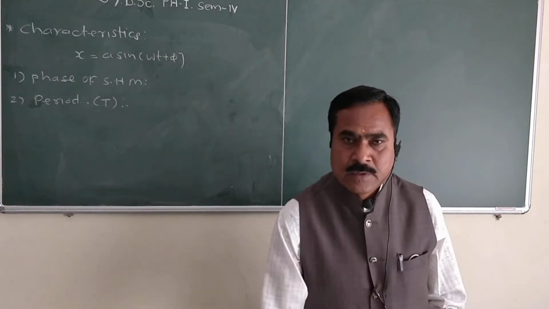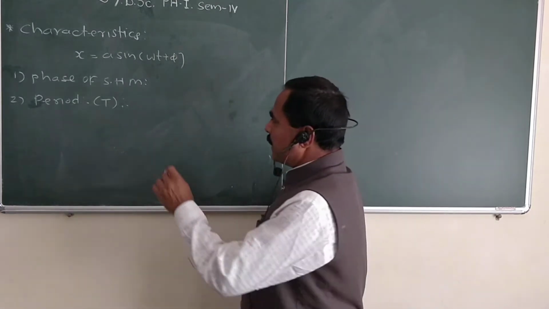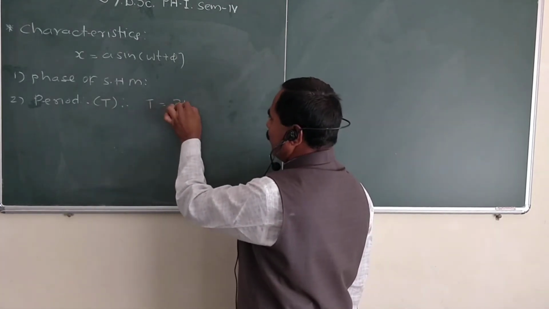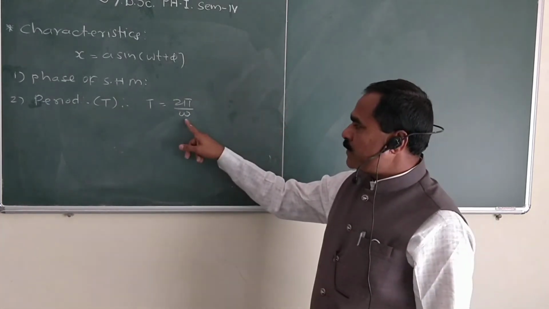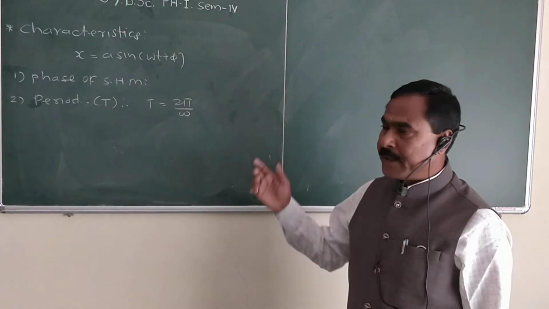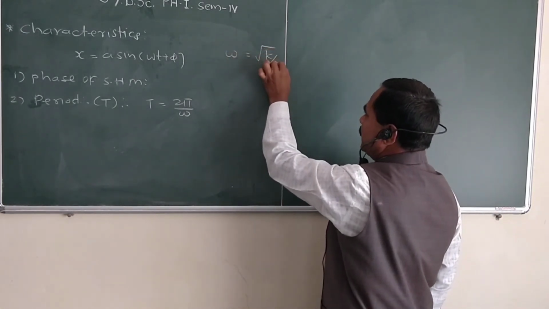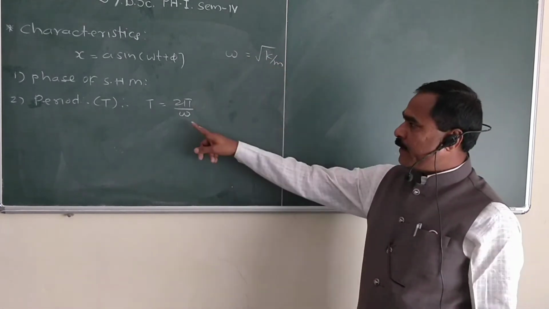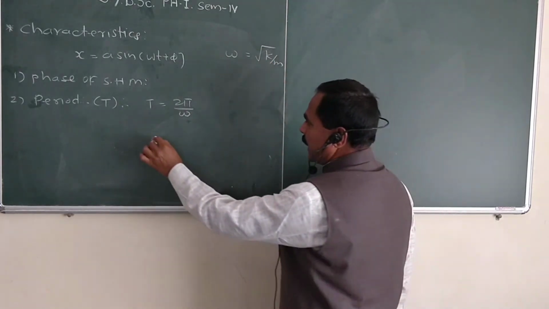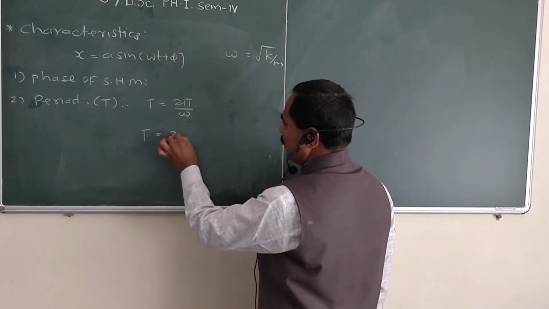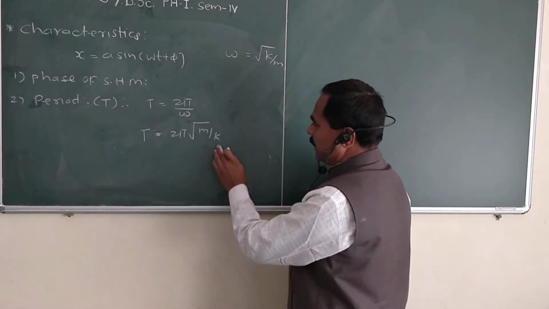Okay, so you know the equation of the period, and that period is given by T equal to 2 pi upon omega. When you substitute the value of omega, omega equal to root k upon m, then you write the period T equal to 2 pi root m upon k.